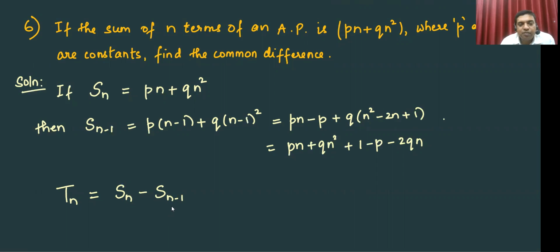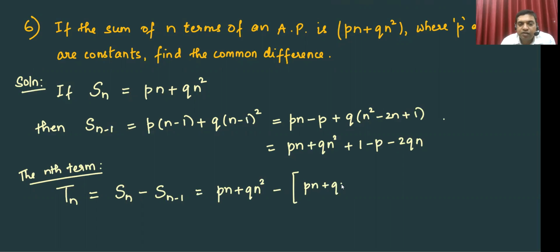So when you subtract, you get Pn plus Qn square minus the other expression, and the Pn plus Qn square cancels.